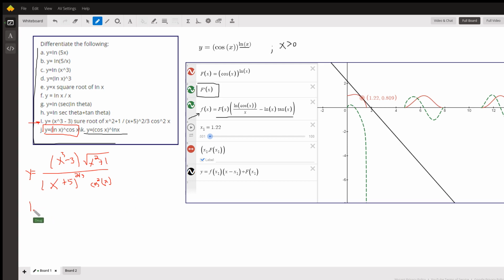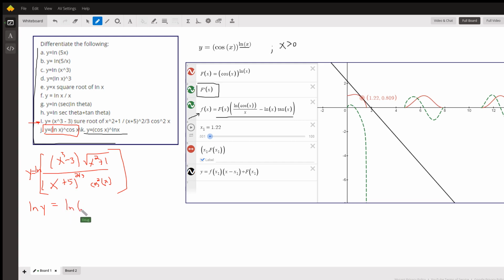Once again, taking the natural log of both sides. But the idea is if I put an ln out front here for this whole thing, I've got the log of a quotient, which means I can take the natural log of the numerator minus the natural log of the denominator. Then I can apply the power rule. So it looks something like this.